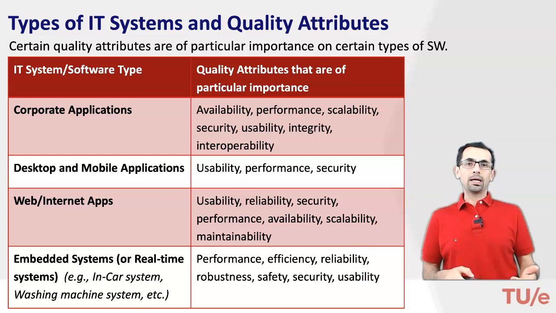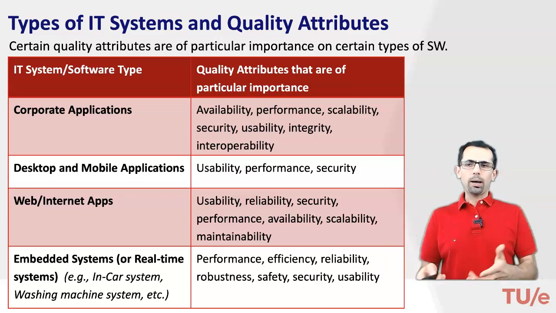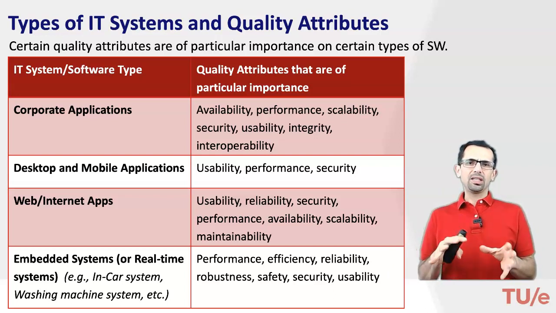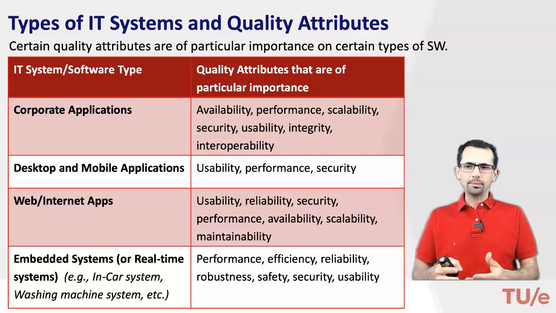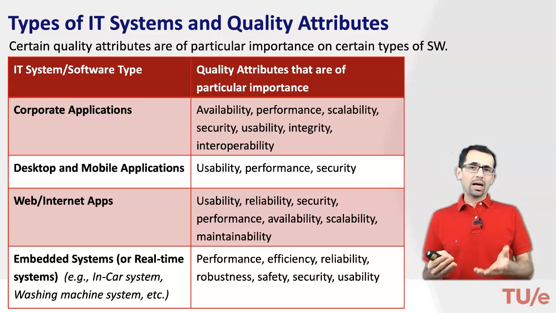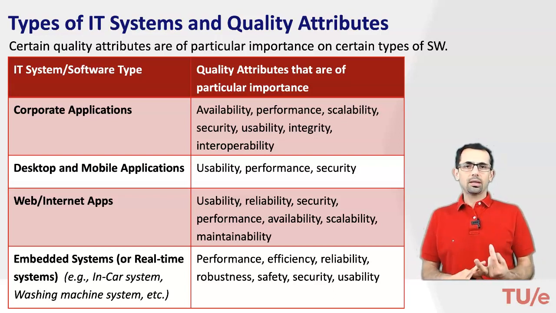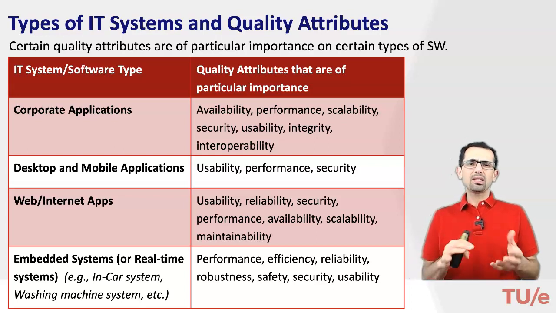Desktop and mobile applications, usability, that is extremely important. Of course, usability is also important in other systems, but particularly mobile applications or internet web applications. These days they come very much united. Reliability is another one, performance is obviously another one, security, as I just mentioned, availability, scalability.